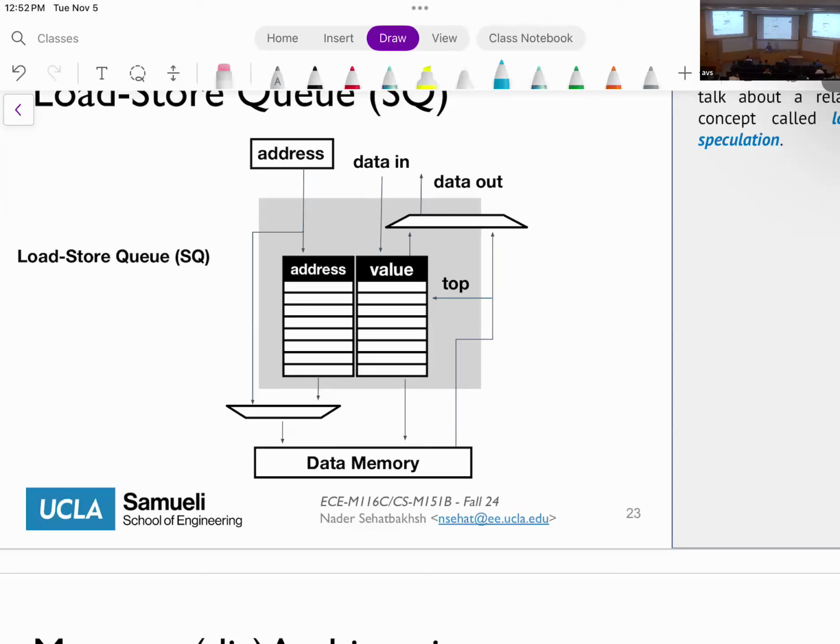So that's the way that we're going to fix this. We're going to let things be reordered, but when we're actually reading values, it's going to be based on the program order. And we're going to maintain this order within what we call the load store queue. Any questions here?